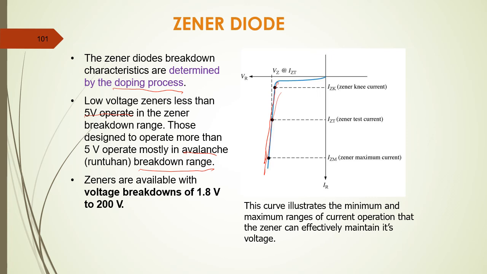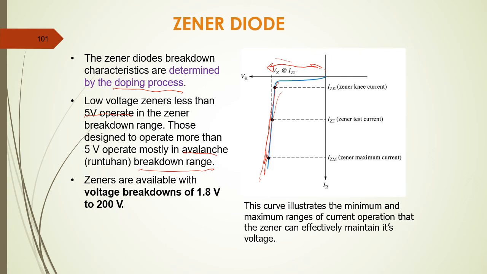Zeners are available with voltage breakdowns from 1.8 volts up to 200 volts.